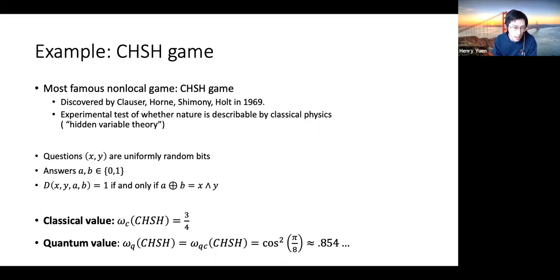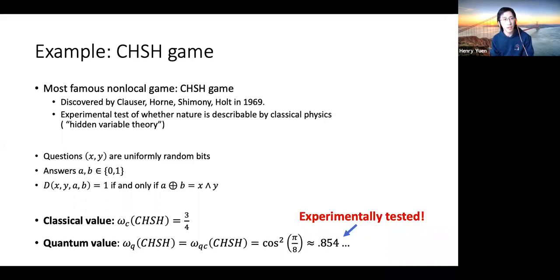And the significance of this is that this number has been experimentally tested. They actually play this game in experiments, and they do witness a winning probability that's greater than the classical value. So that's the physical significance.